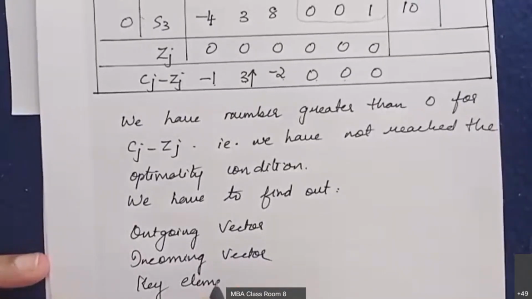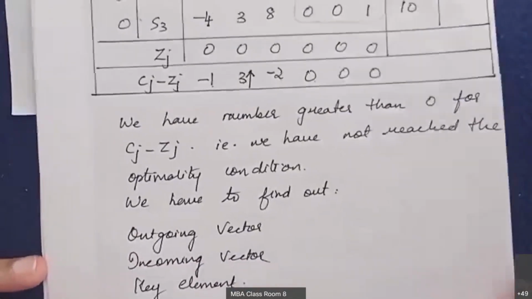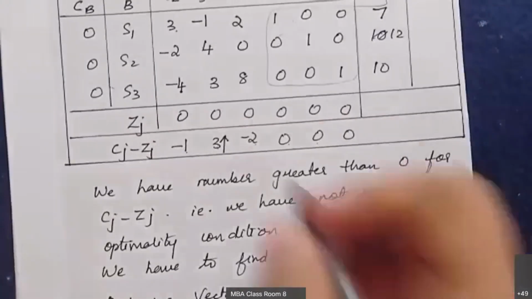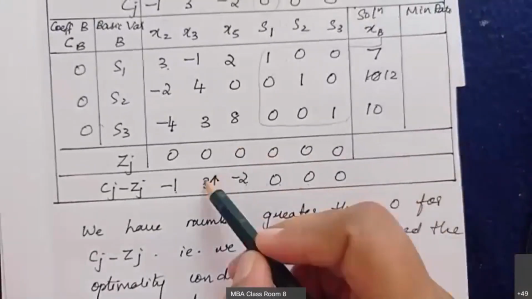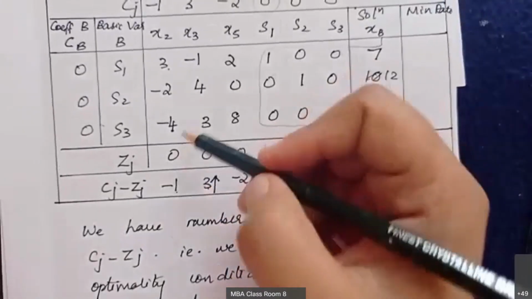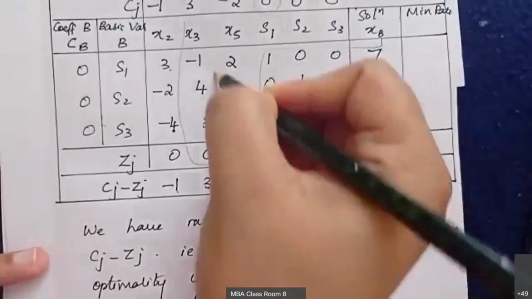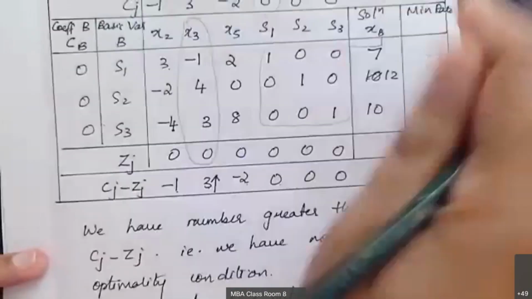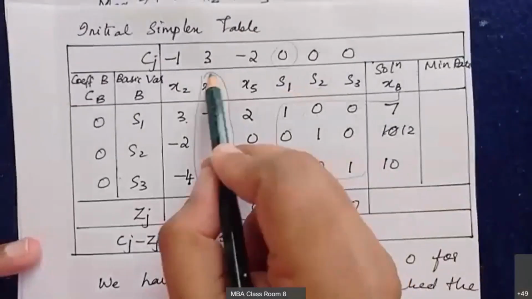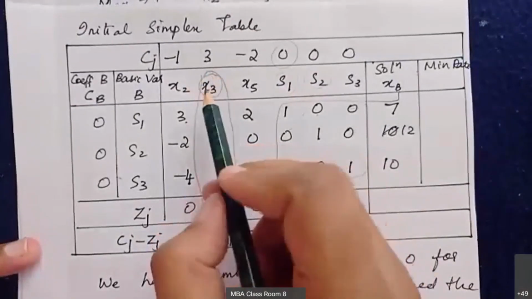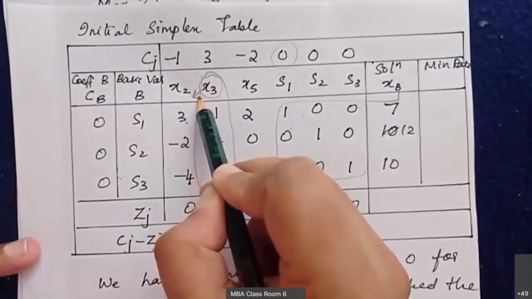After that, we have to perform certain row operations. So how do we find out the incoming vector? From the Cj minus Zj value, here we have a positive 3. So this is going to be our key column. And over here, x3 is going to be the incoming vector.